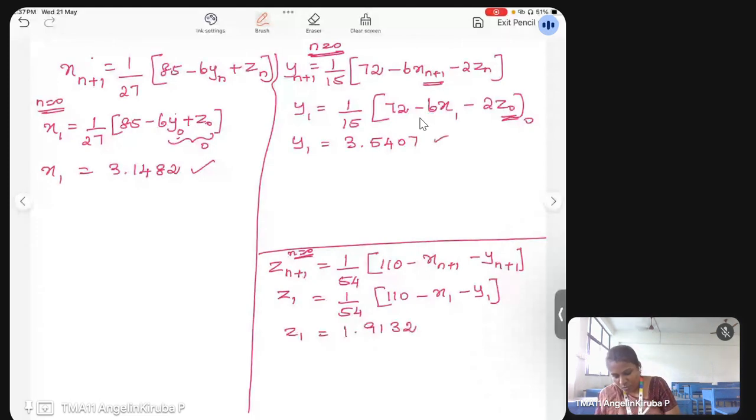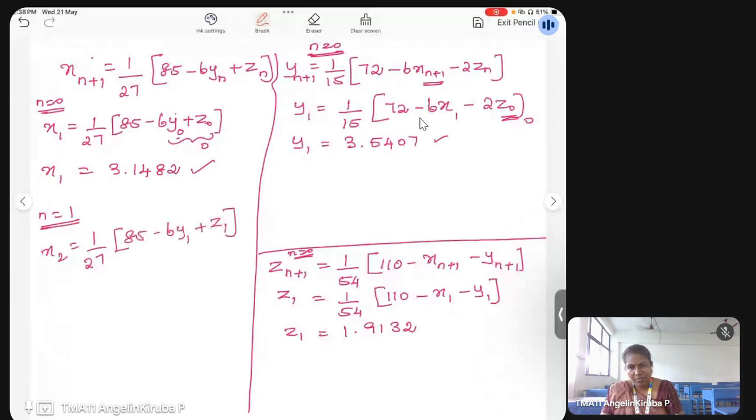Right? So next, second iteration. For the second iteration, put n is equal to 1 now. So x2 is equal to 1 by 27 into 85 minus 6 times y1 plus z1. We know the y1 and z1 values.